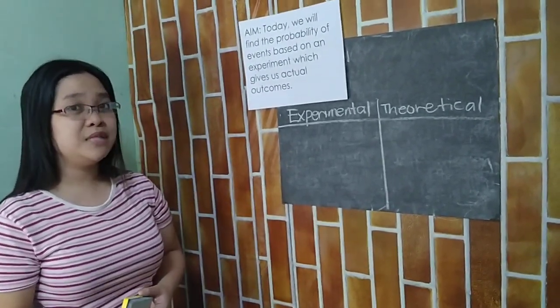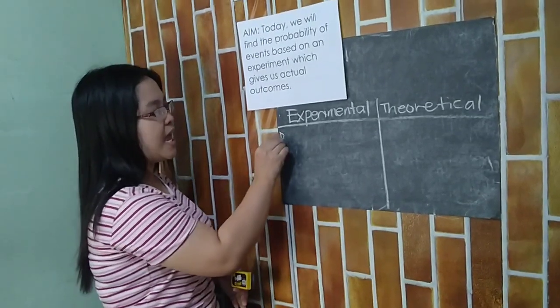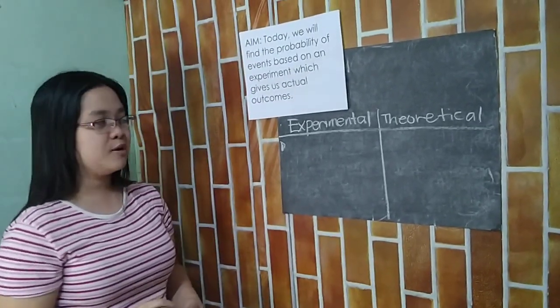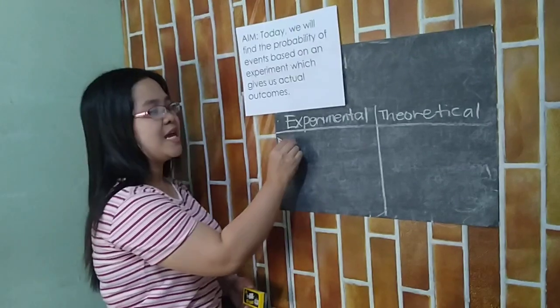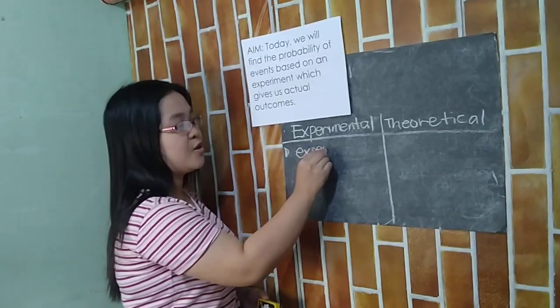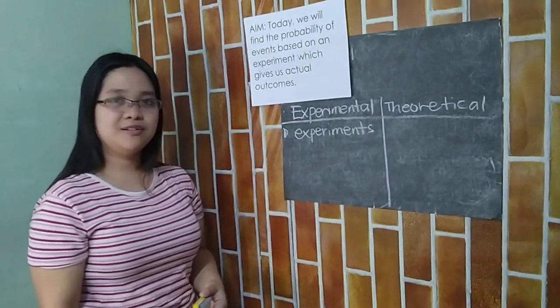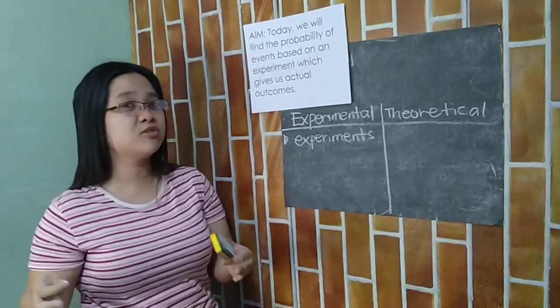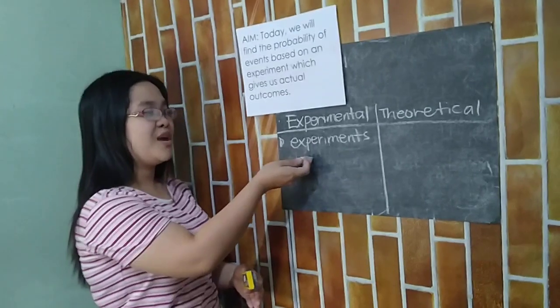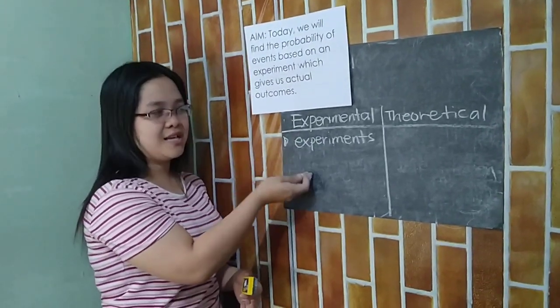But what makes them differ? When you say experimental probability, from the word itself, it is based on the result of the experiments. Okay, that's why we have the actual outcome there, because it is based on the result of your experiments.